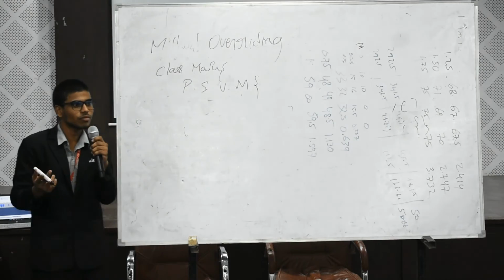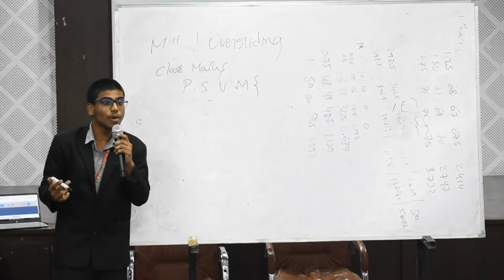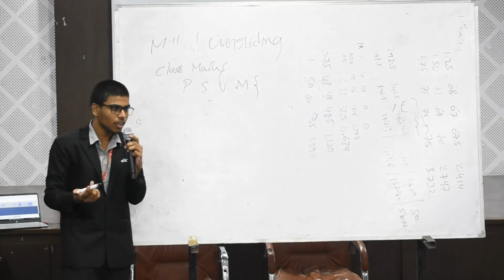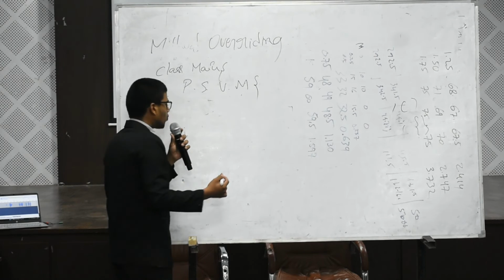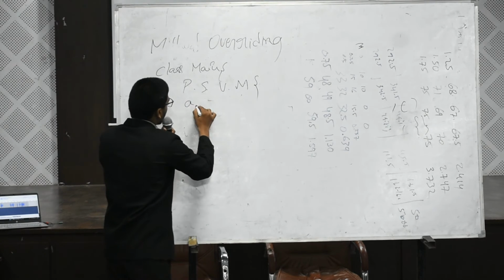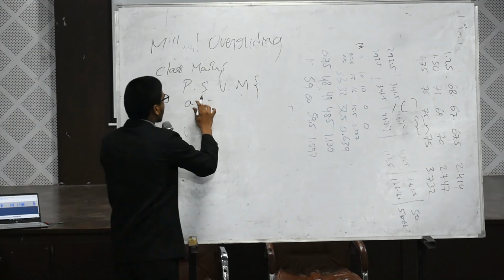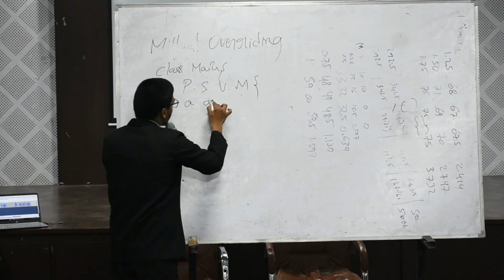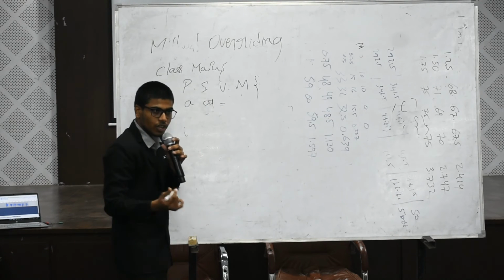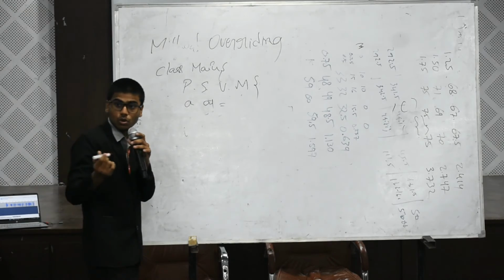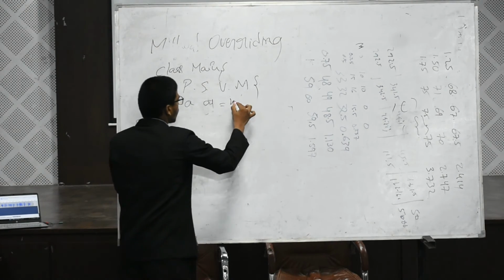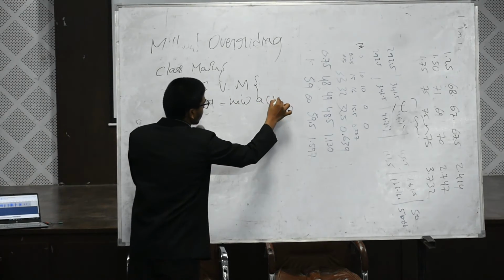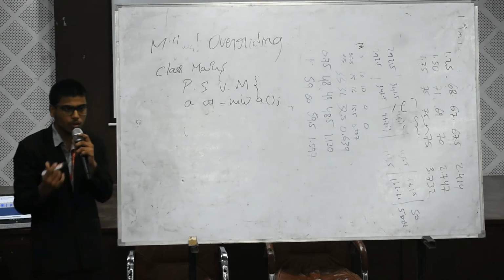Class A. So I'm creating an object. Class name and object name. Object name I'm taking a1 equal to, using the keyword new to create an object. So new A. So I have created a1.